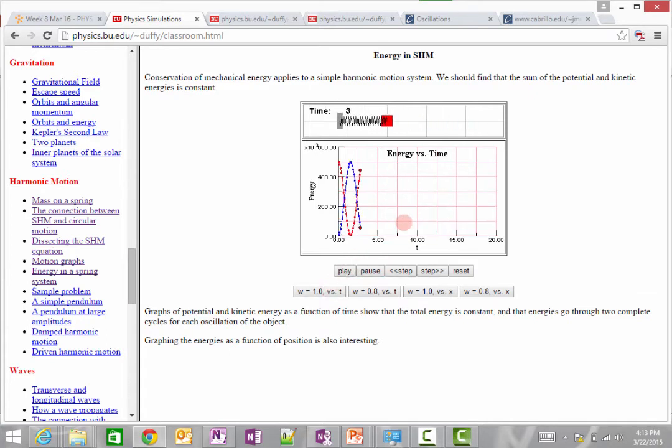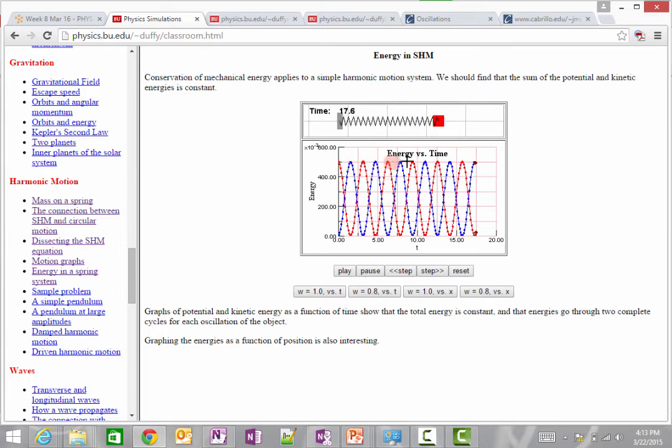They all add to this constant value, and they have this oscillatory motion. When one is 0, the other is maximum: when the kinetic is 0, the potential is maximum, and when the potential is 0, the kinetic is maximum.